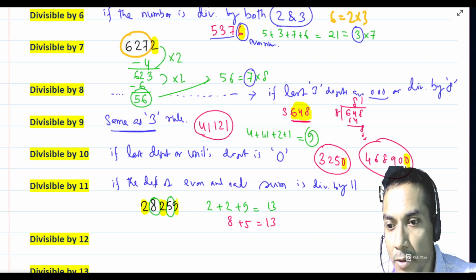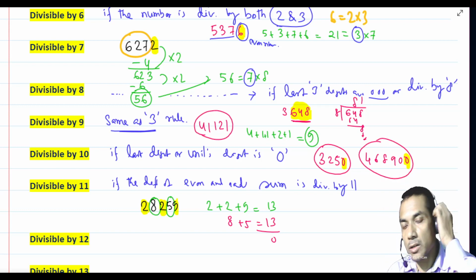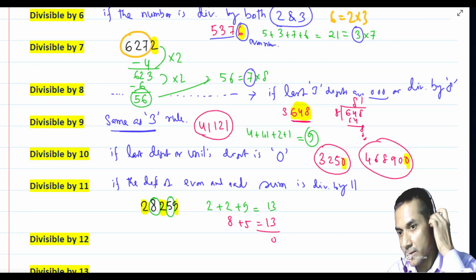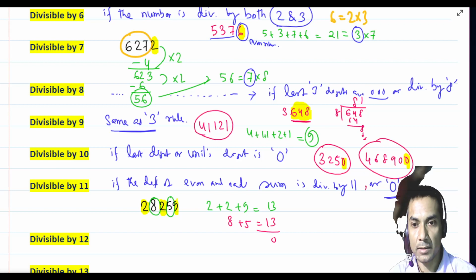So now if we deduct 13, we get 0. Also remember, because 0 is divisible by any number, it is also divisible by 11. Clear? So if the difference of the even and the odd sum is 0 or divisible by 11, then the number is divisible by 11. Hope it is clear.